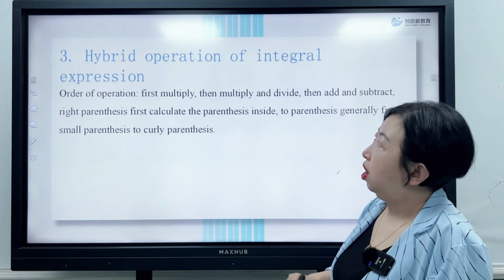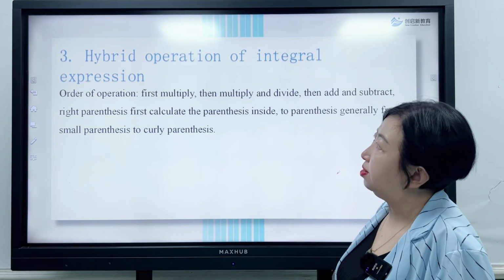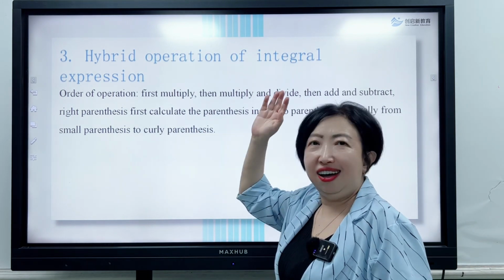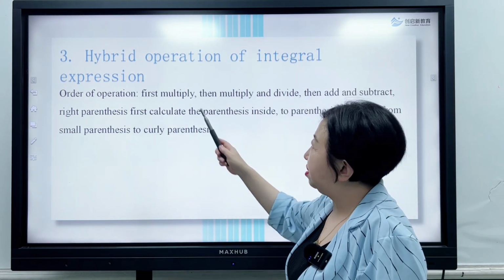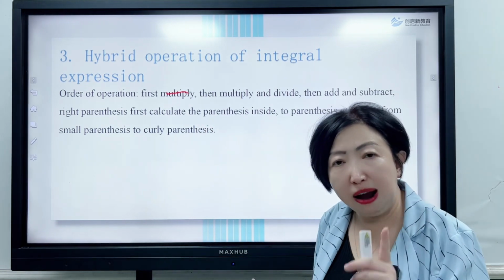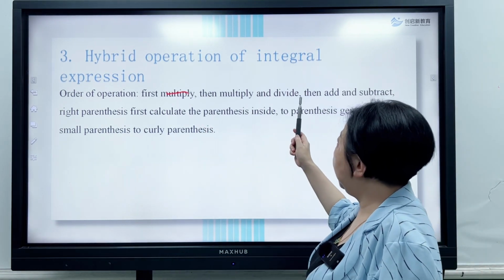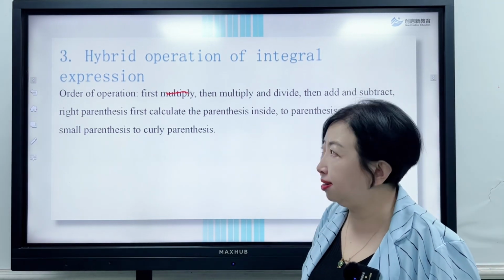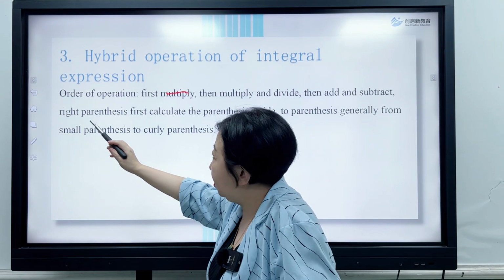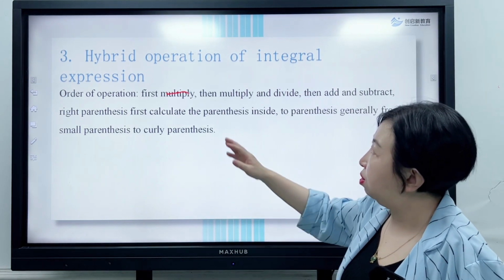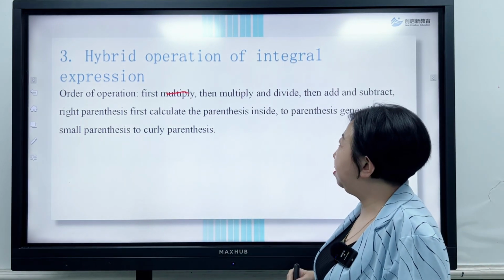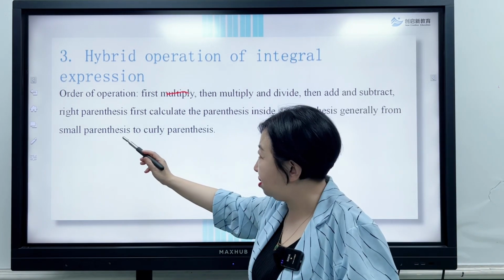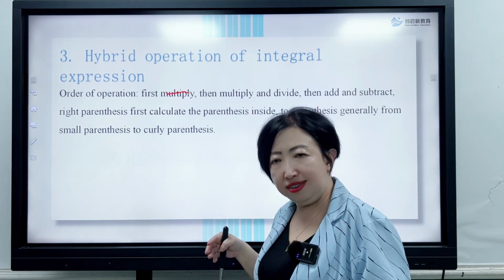The third part, mixed operations of integral expressions. Order of operations: the rules are first powers, and then multiplication and division, and then addition and subtraction. Do the parentheses first, calculate inside the parentheses, and go from small parentheses to curly parentheses.